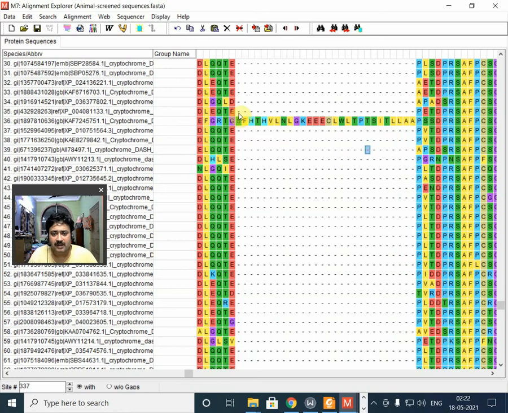You cannot expect an addition of this size, 28 amino acids long. That means 28 times 3, which comes to 84, if I am not wrong.